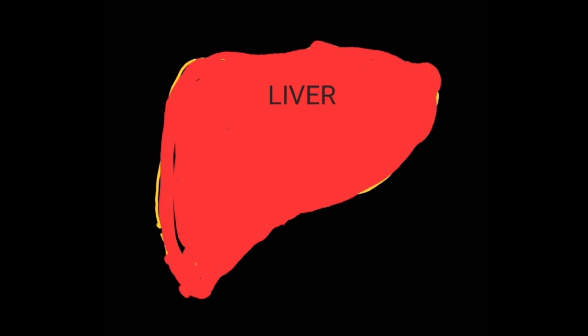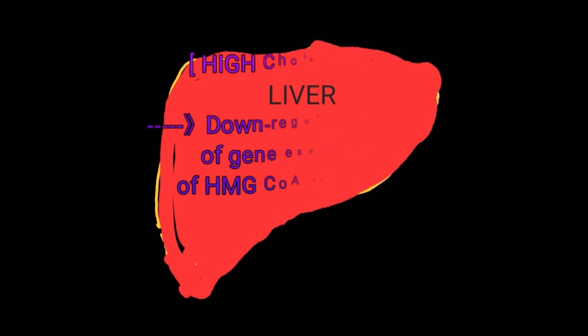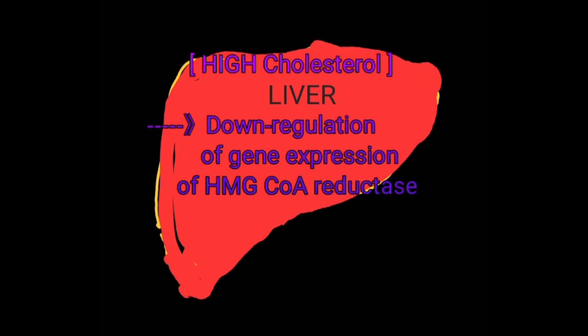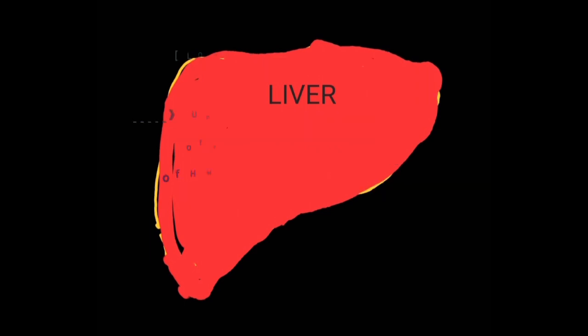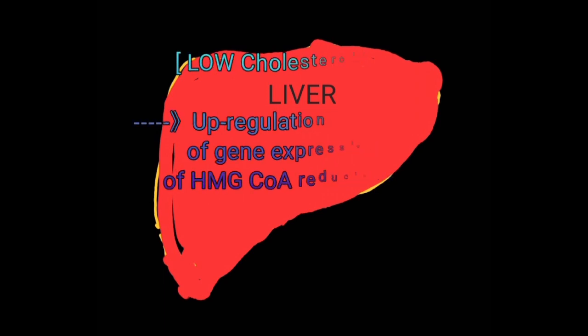High concentrations of intracellular cholesterol will downregulate the gene expression of HMG CoA reductase, and conversely, low intracellular cholesterol will upregulate the gene expression of HMG CoA reductase.